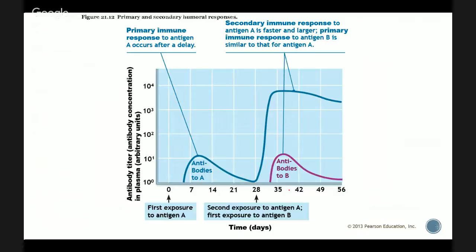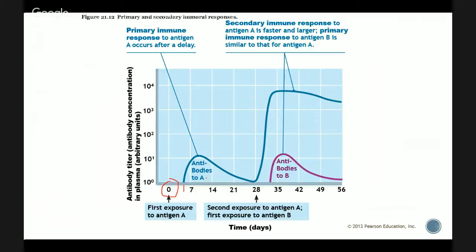So again, looking at a different viewpoint when it comes to immunological memory, first exposure, secondary exposure, primary response, secondary response, this is why we do immunizations. When you have exposure to a pathogen, let's say it's day 0 here, it takes about 4 or 5 days for your body's immune system to even start anything.